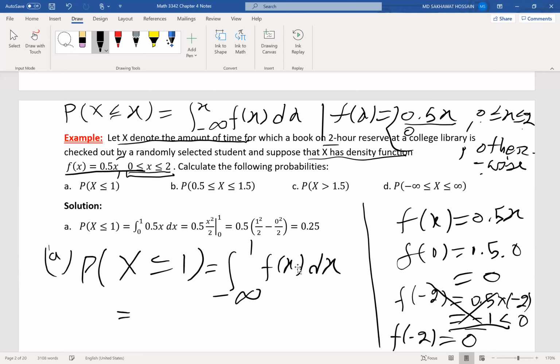But in this case, for the other values of x which are below 0, the function is 0. So if you integrate from negative infinity to 0, it will always equal 0, because if you integrate the 0 function, it will always be 0. So you do not need to consider those values of x for which the function is 0. So negative infinity represents the lower limit; what is the lower limit of this function?